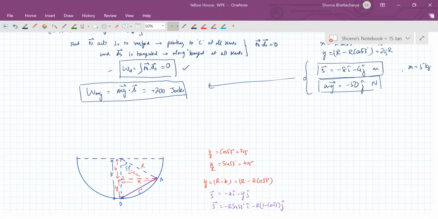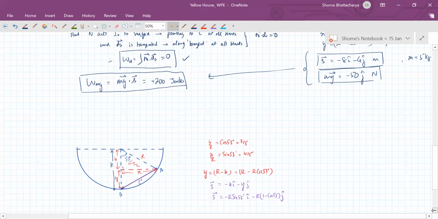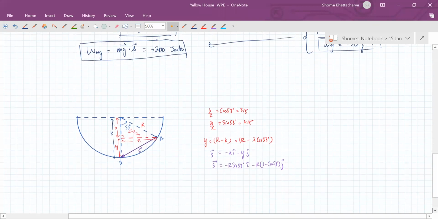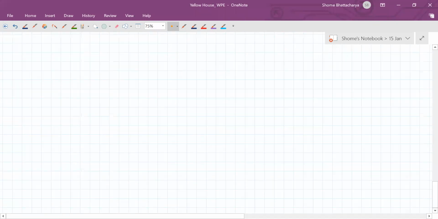Okay, so hope you have all understood this question. Now next we'll move on to the relationship between work done and kinetic energy. So this is very important. So this is called the work kinetic energy theorem.